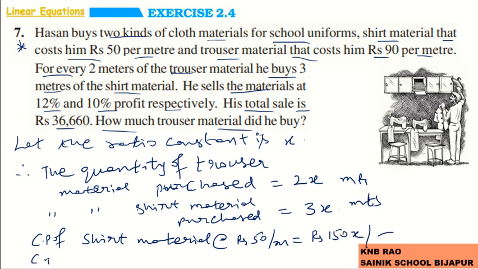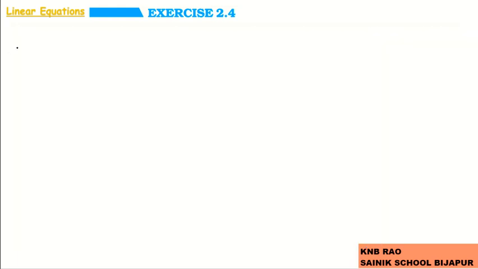Next, cost price of trouser material at rupees 90 per meter. 90 into 2x is rupees 180x. Now, you know cost price. Now, we have to find selling price.